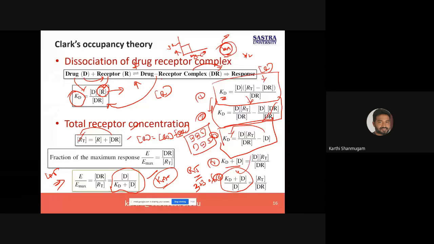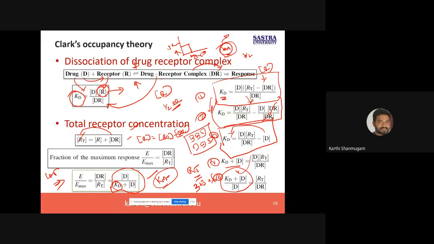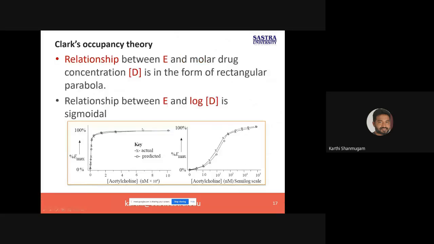That is what is called Km. Here, Kd is also a constant, which means that Kd is the concentration required to produce a half maximal biological response. Again I repeat, this Kd is the concentration of the drug molecule required to produce the half maximal biological response, right?